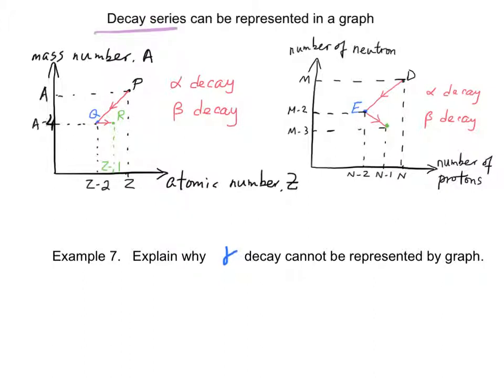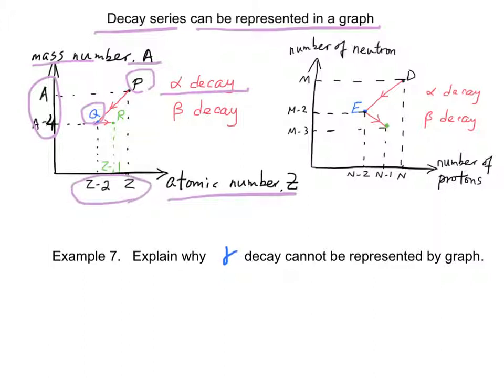Decay series can be represented in a graph. The first kind of graph is mass number A against atomic number Z. When nucleus P decays into Q with the emission of an alpha particle, the mass number decreases by 4 and the atomic number decreases by 2.